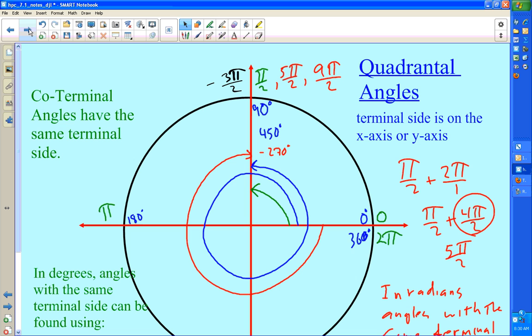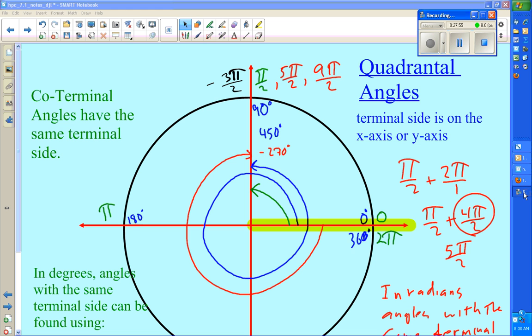A quadrantal angle means that the terminal side of your angle is on the x or y axis. Remember, the initial side is always going to be horizontal right.